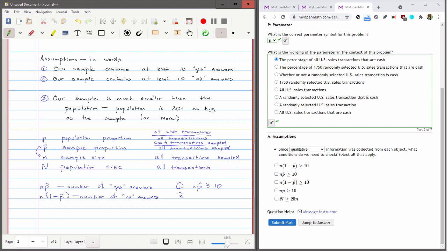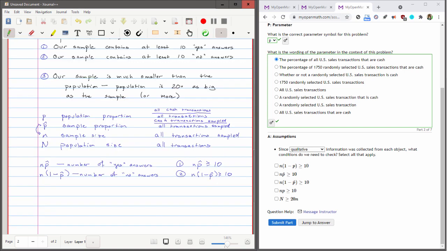So condition 2 can be written as n times 1 minus p hat is greater than or equal to 10. And then condition 3, we actually have symbols for everything in that. The population size is big N, the sample size is little n. So condition 3 we'll write as big N is greater than or equal to 20 times little n.